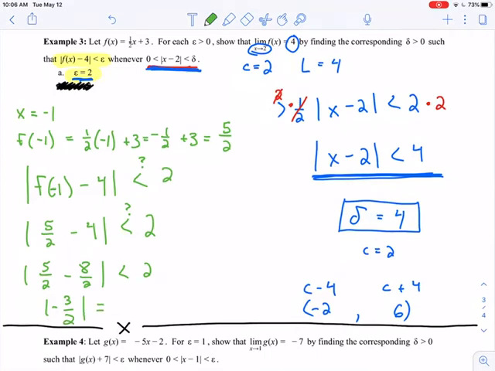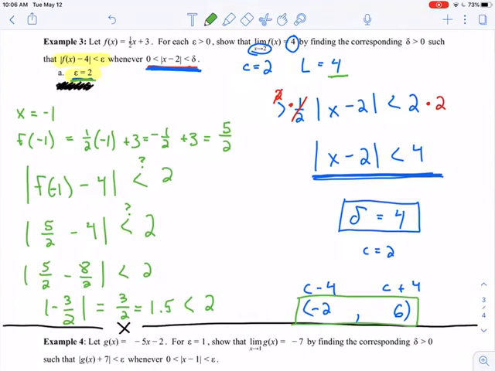So this becomes positive 3 over 2, which is 1.5 for those of us that prefer decimals. And that value is absolutely less than 2. So if I pick a number within this interval between negative 2 and positive 6 and plug that into my function, I'll land within epsilon units, in this case 2 units, of my limit, which is 4.